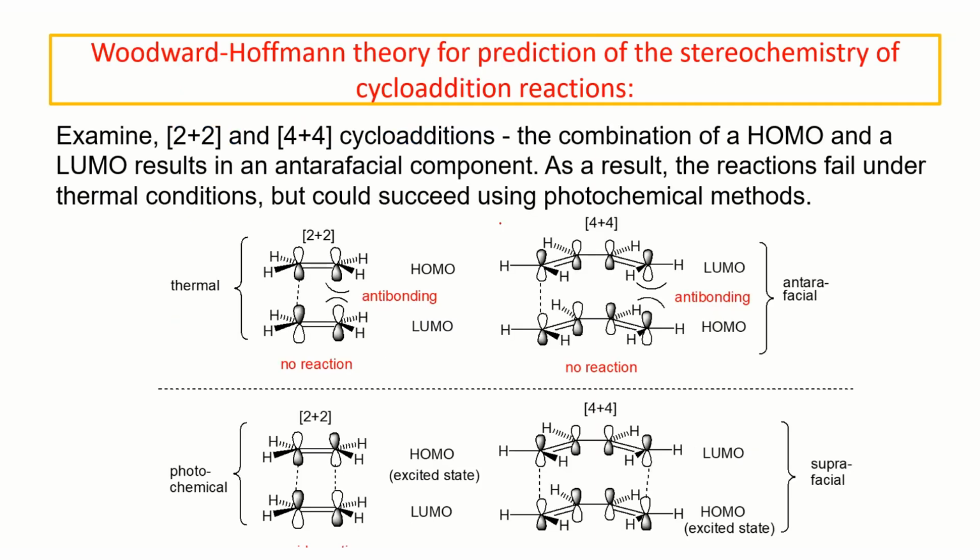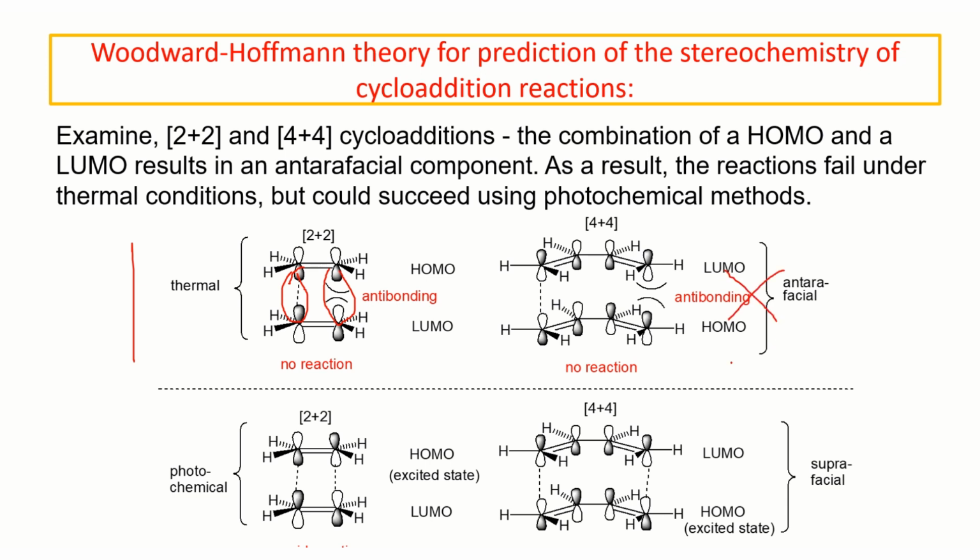So to summarize the photochemical situations, you can see that both for the 2pi 2pi here, the thermal is disallowed. Can you see that? That's okay, but that's not okay. And the 4pi 4pi, the same thing, that's not okay.